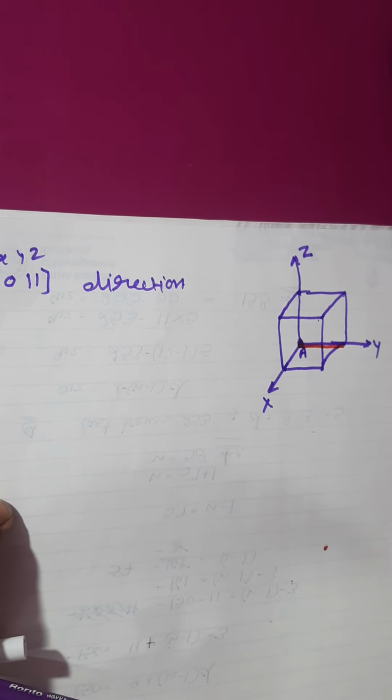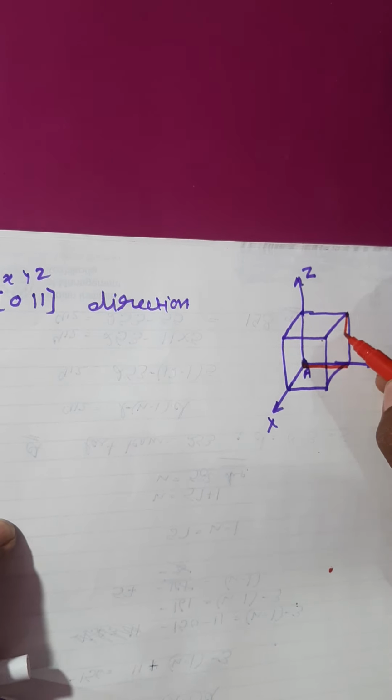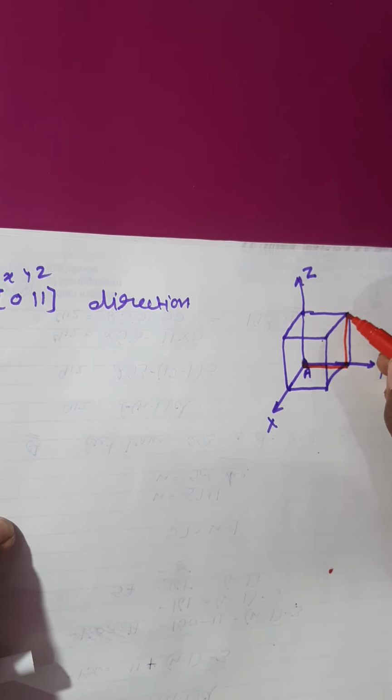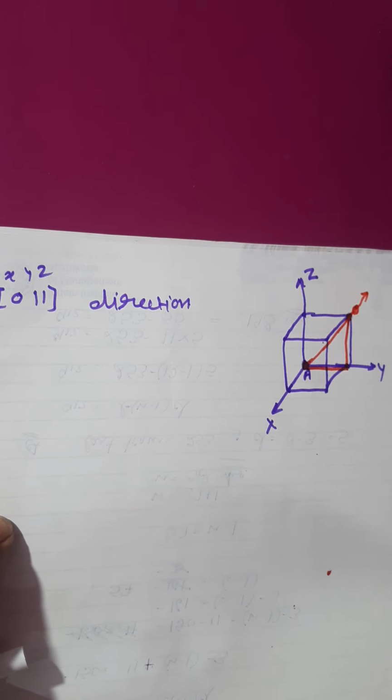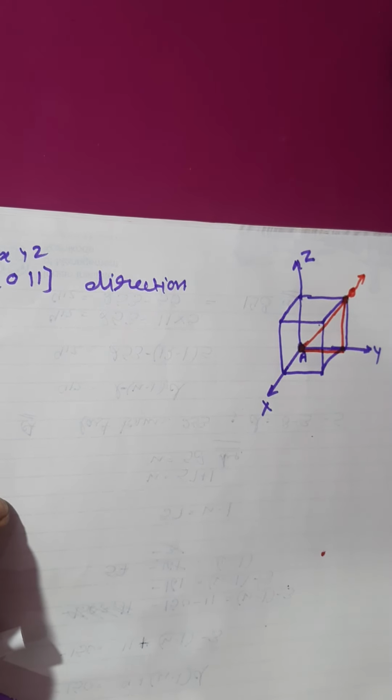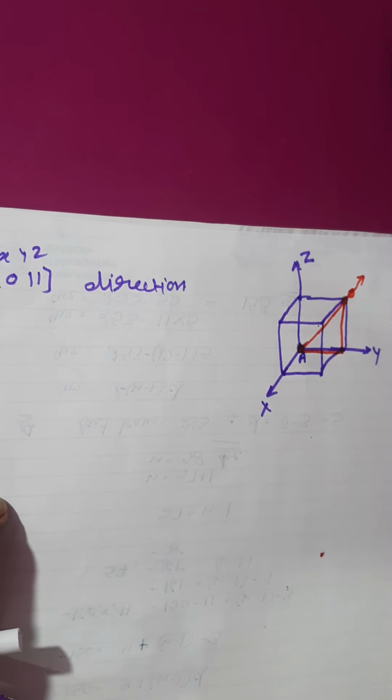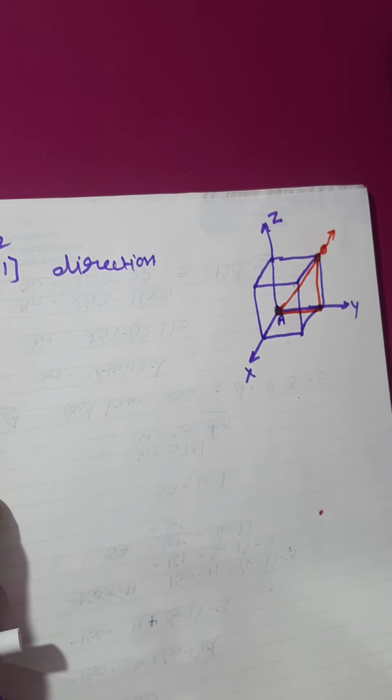Again the direction of z is 1 unit, so we will move towards the positive direction 1 unit, and this will be the end point O. So from A to O we join the line, and this will be the direction of the given Miller indices. So in this way we can find out the direction of different Miller indices.